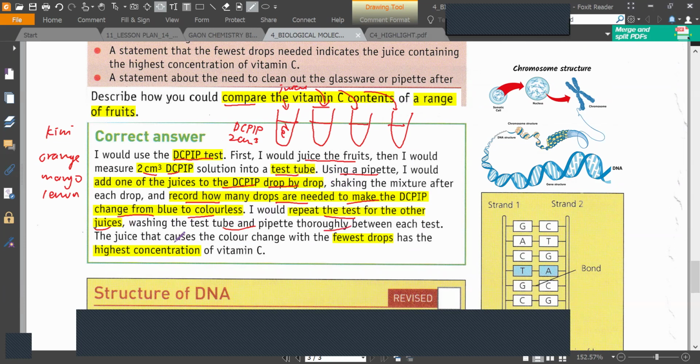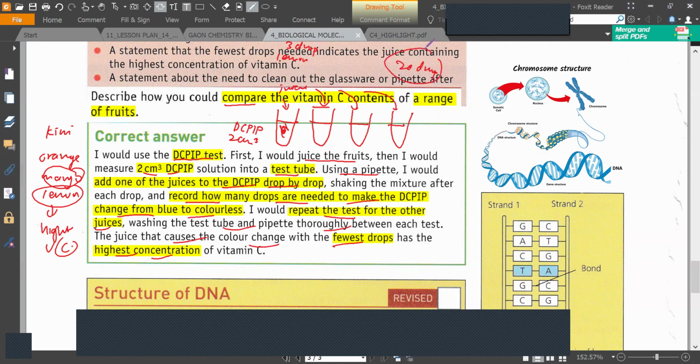The juice that causes the color change with the fewest drops has the highest concentration. Let's say the lemon, we know the lemon will have the highest vitamin C. It just needs 3 drops to change the color. But the mango is very sweet, so the mango will need 20 drops to change the color.